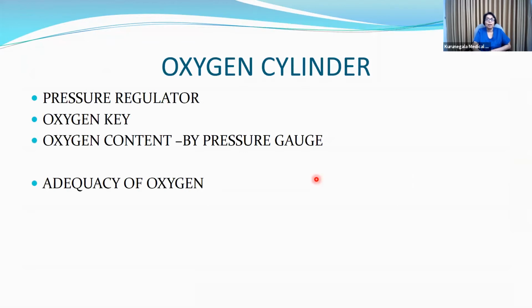So this is what I said. For an oxygen cylinder, there has to be a pressure regulator. Most important thing, availability of the oxygen key. The oxygen key is very important, because when you run out of oxygen, if you couldn't find the oxygen key to open the next cylinder, the patient's life is in danger.